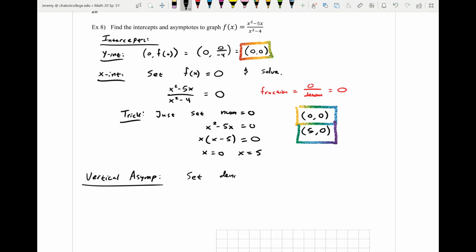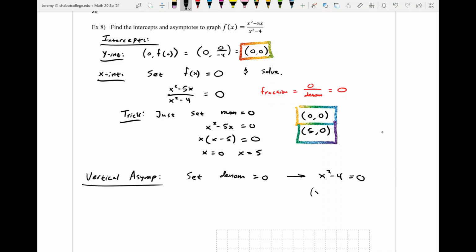What that's going to look like is x squared minus 4 equals 0. So to find the x-intercepts, we set the numerator equal to 0. That gives us the zeros of the function. To find the vertical asymptotes, set the denominator equal to 0, and that will give us the values of x that make the function undefined, because they would make the denominator 0.